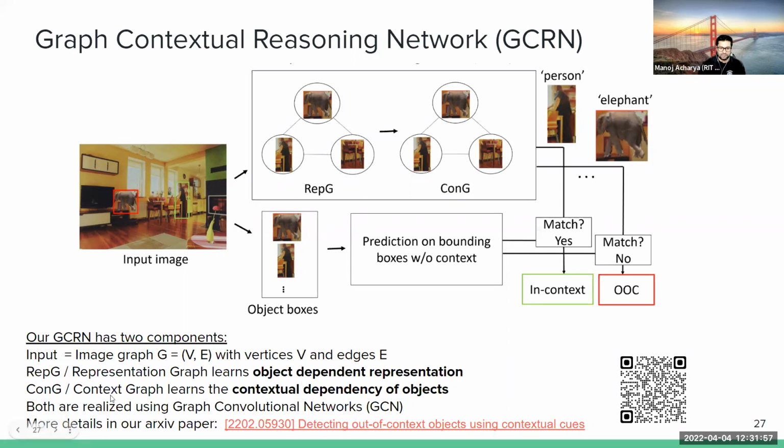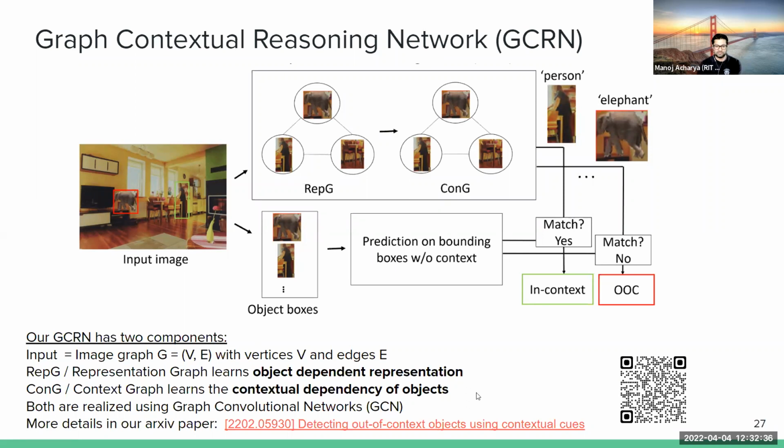The second, the context graph, learns the contextual dependency of objects. It is really asking, is this elephant relevant to this context or not? At the end, for a person, for example, the model checks whether the person matches this context. If it matches, then it's an in context object. If it does not, like this elephant, it's an out of context object category. Both of these graphs are realized using one of the most popular graph frameworks, graph convolution networks.